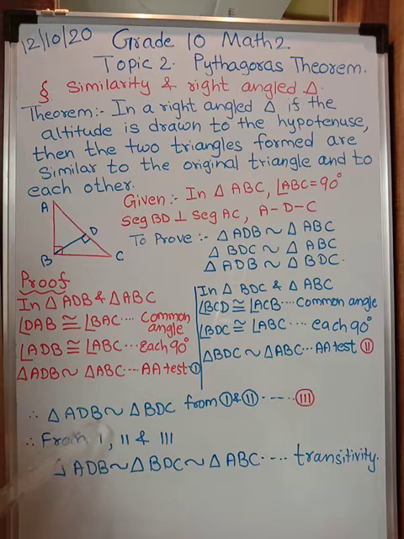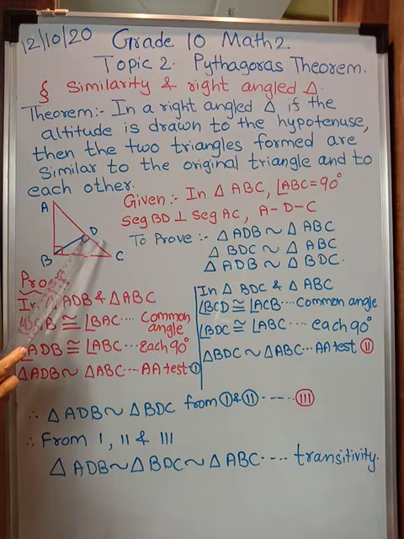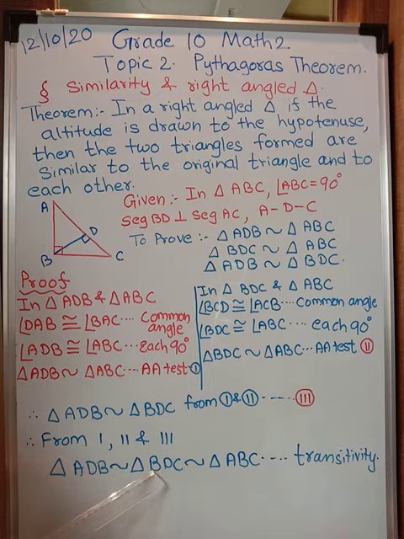So this small triangle ADB is similar to triangle BDC. These two are similar, and these two are similar to the bigger one. So at the end what we get? ADB is similar to BDC is similar to ABC. All three triangles will be similar to each other.